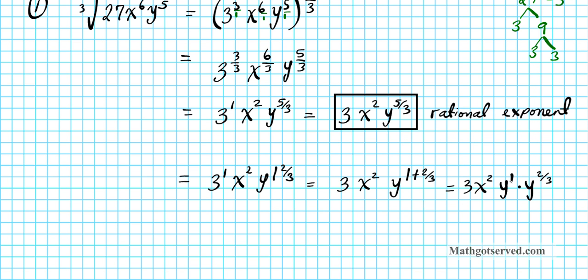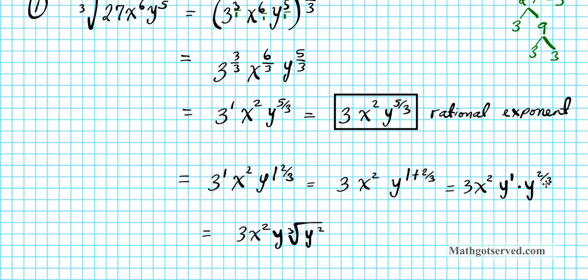All right, now remember, if you have an integer exponent, it cannot be expressed as a radical. Only the fractional exponents can be expressed as a radical, all right? Now, this can be simplified into 3x squared y. Now, if we use the fractional exponents property here, we can express this as the square root of y, the cube root of y to the second power.